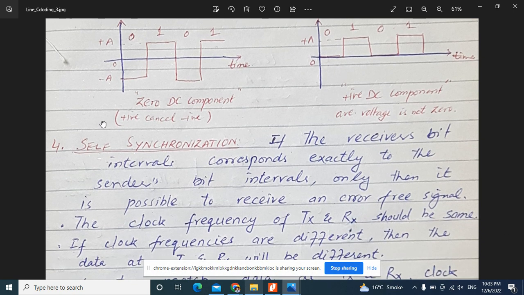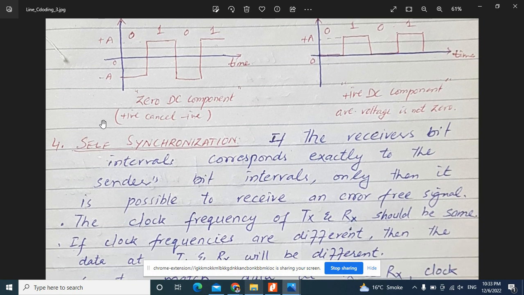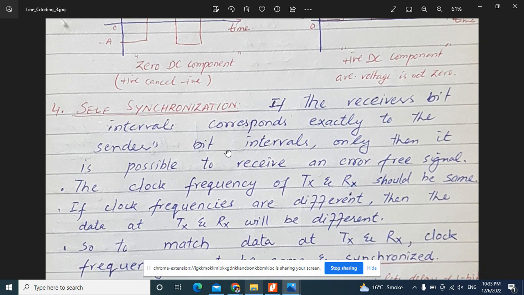The fourth characteristic was self-synchronization. What is self-synchronization? If the receiver bit interval corresponds exactly to the sender bit interval, only then is it possible to receive an error-free signal.